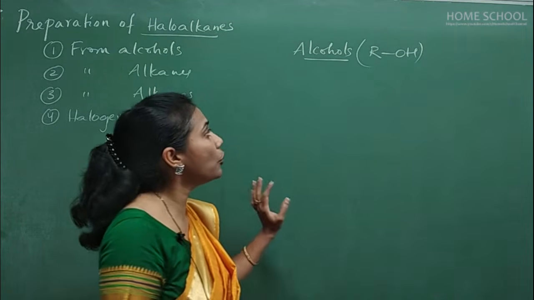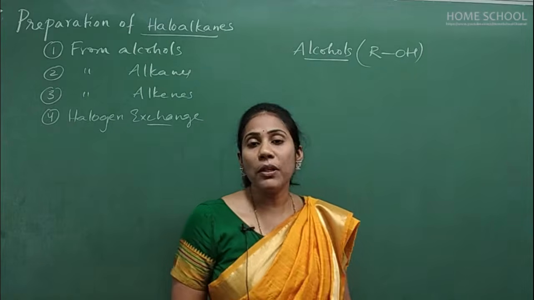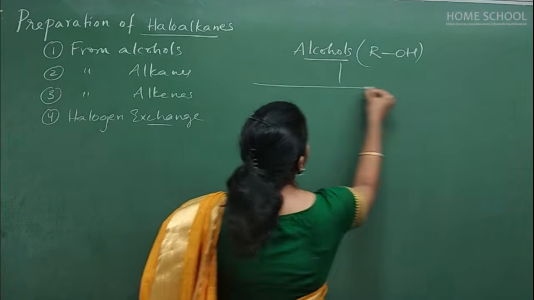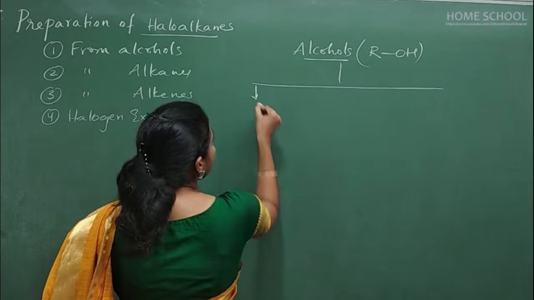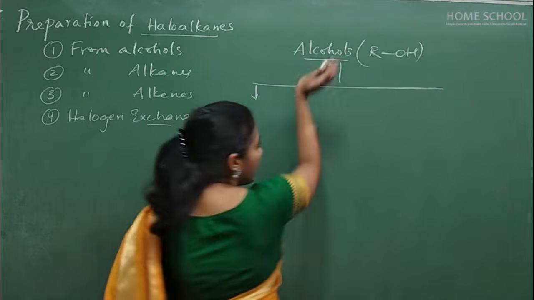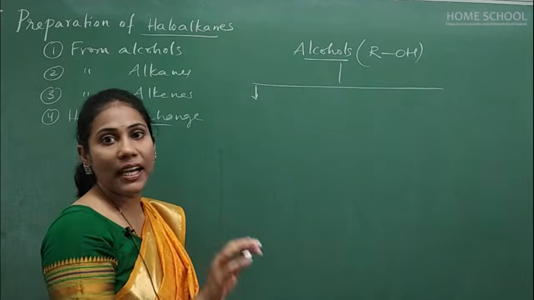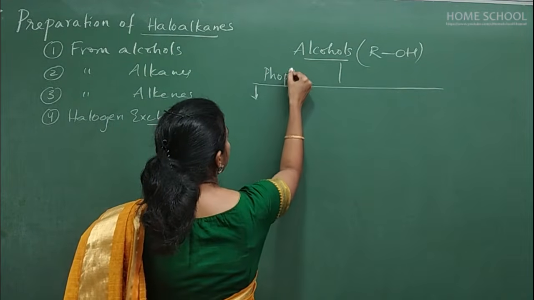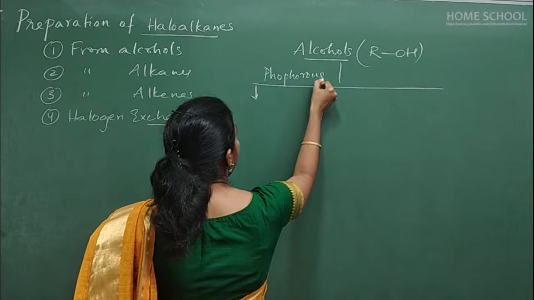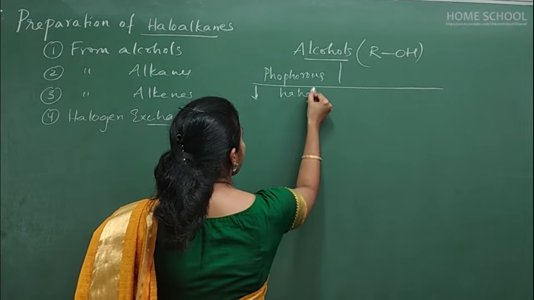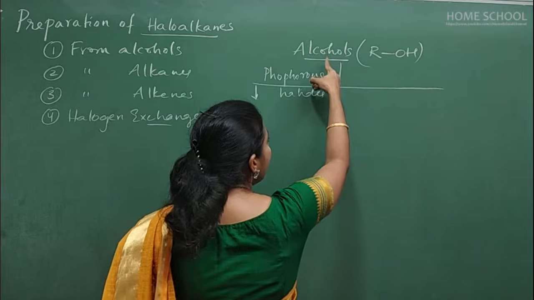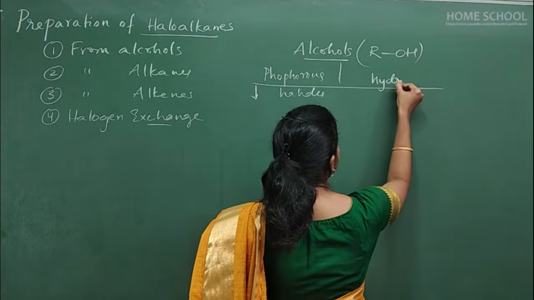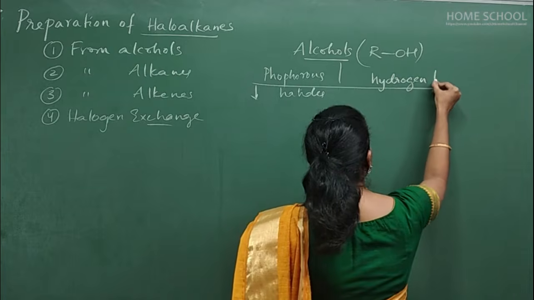So ROH is the general formula for alcohols. Here we can use two reagents with alcohols to prepare alkyl halides. One is phosphorus halides. And also we can treat alcohols with hydrogen halides.